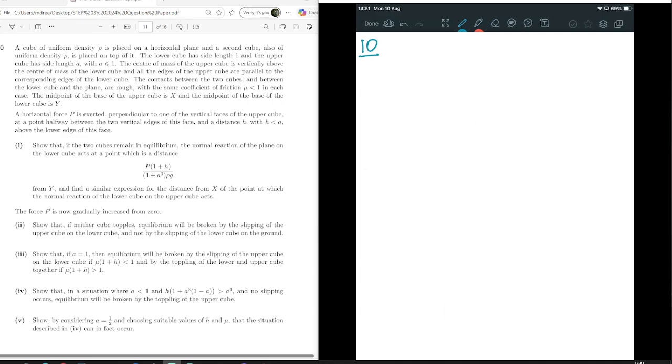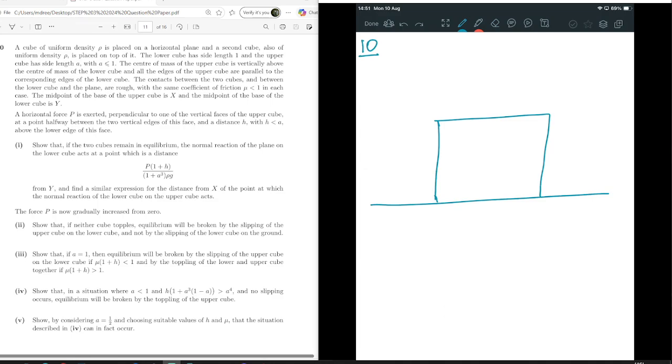So here we have a cube of uniform density rho placed on a horizontal plane, and a second cube is placed on top of it. So I have my horizontal plane, I have one cube on it, and a second is being placed on top. I'm not going to put it there yet because it could be in lots of different places. It could be off to the side or placed centrally.